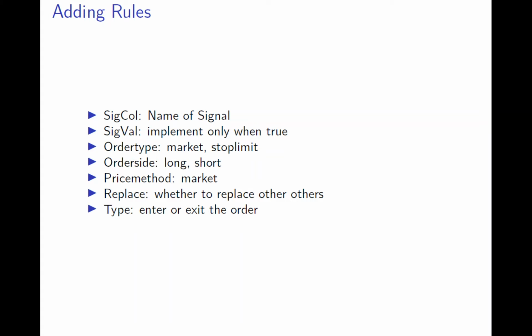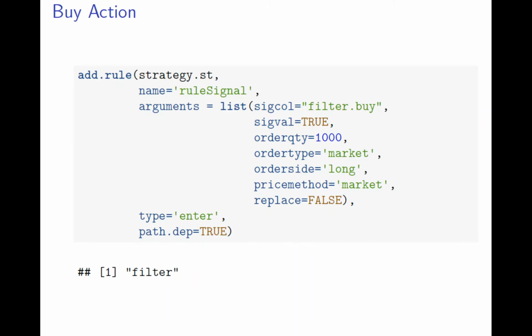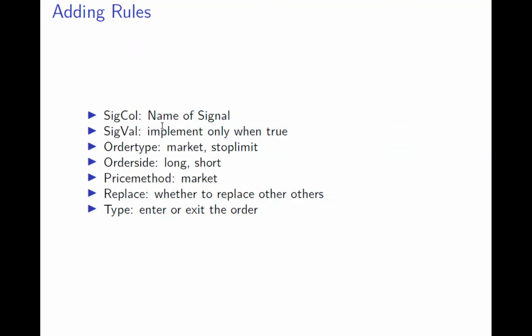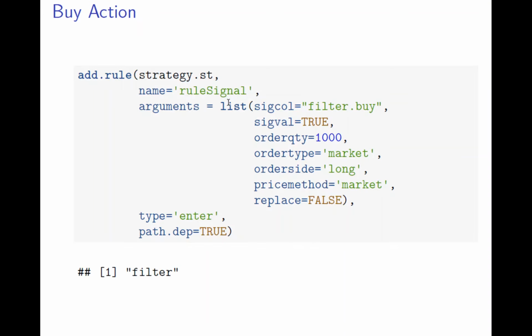You tell it when you want to buy long, and let's see the trading rule here. The trading rule is based on the rule signal, the filter buy. It gives you 0 and 1, and the signal is true. It means that when there's a buy signal, then actually it's a buy. Every time I buy, the quantity is 1,000, and I have a market order type.